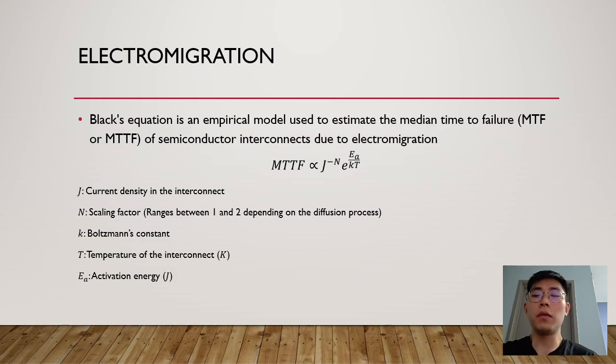The equation is defined as proportional, with the proportionality constant determined as a function of the area. So in general, a large connection will have a longer MTTF. Since Ea can also be expressed in eV, k must be translated to eV using the electron charge.